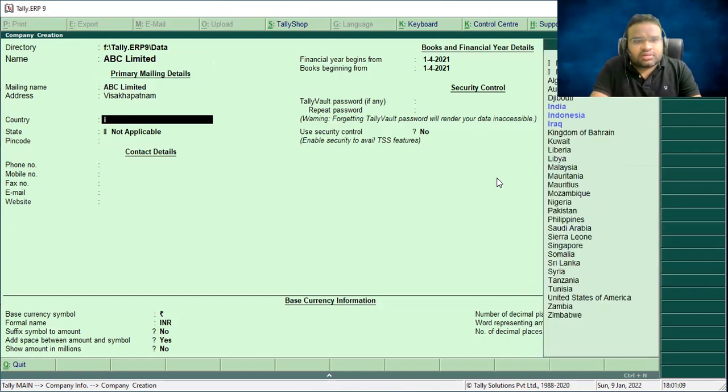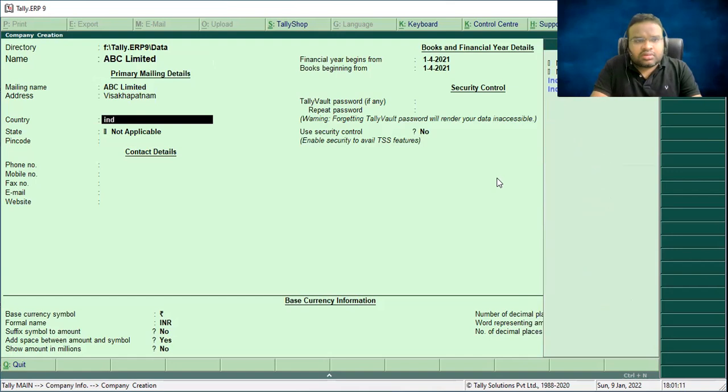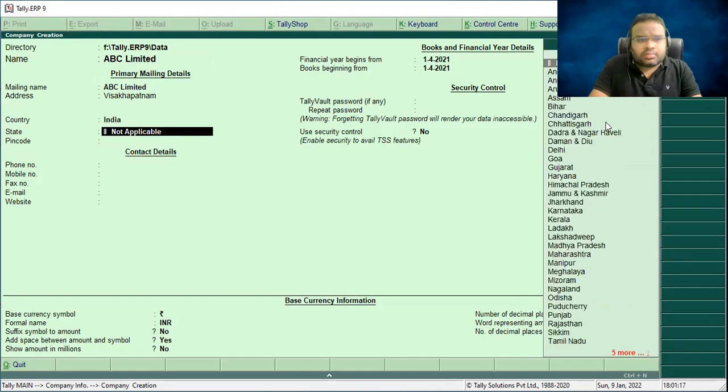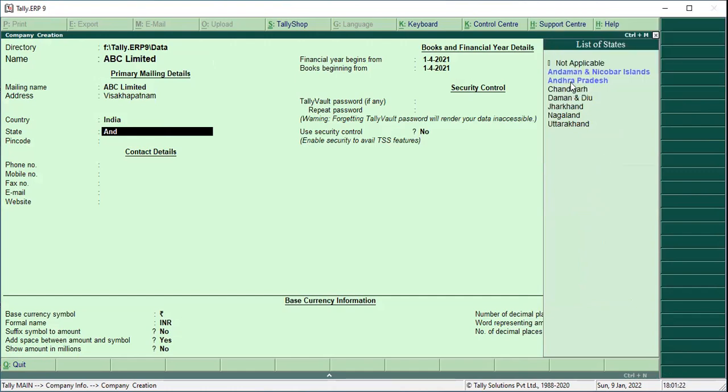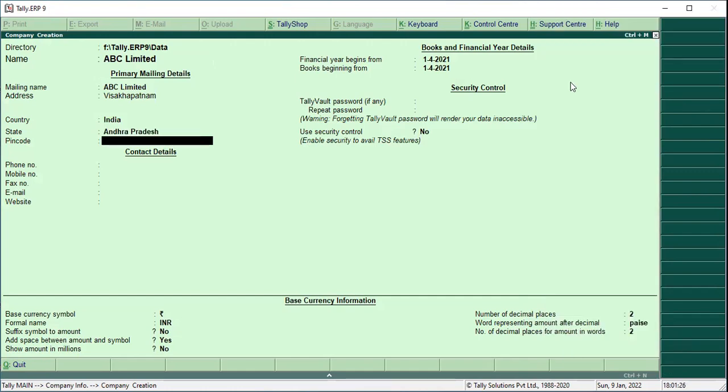Country India. Andhra Pradesh. Pin code, I am putting some number. Contact details, I am not keeping anything. The 1st April. I have created a company.